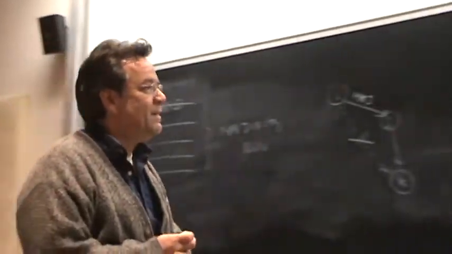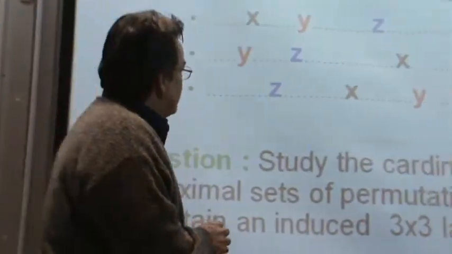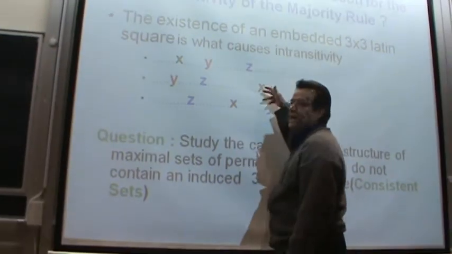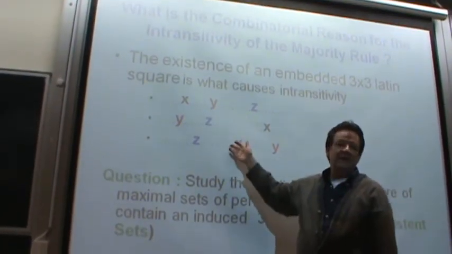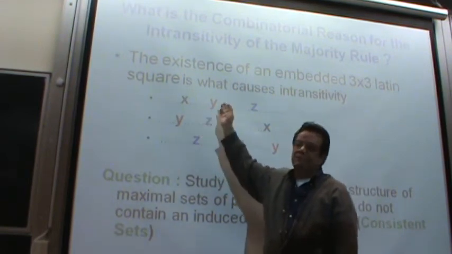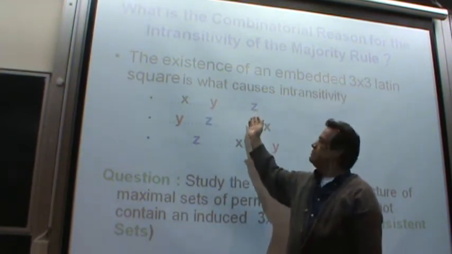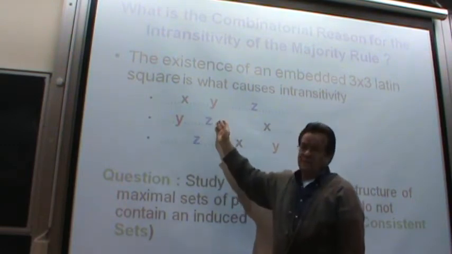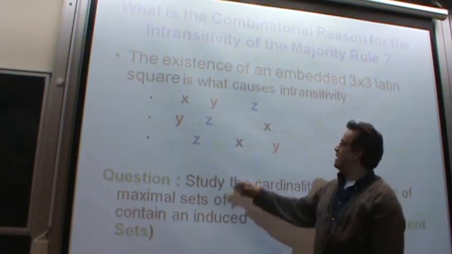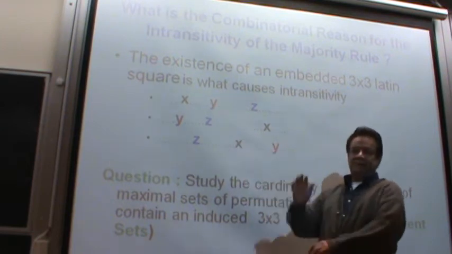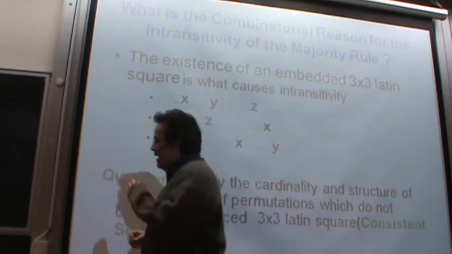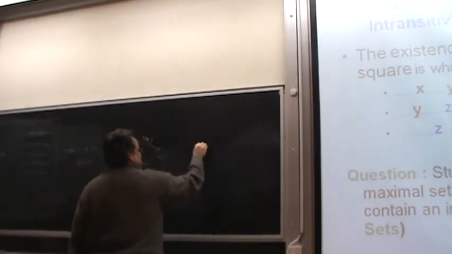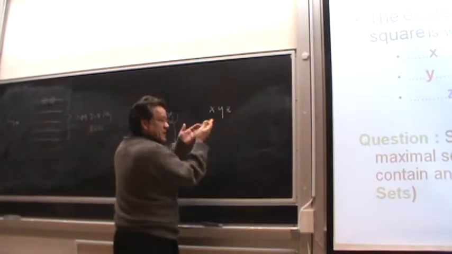So why does this happen? Combinatorially, it happens because of this. Suppose that you find three permutations inside the set such that x is before y, before z, but y is before z, before x, and z is before x, before y. And what is this animal? Well, that animal is a 3 by 3 Latin square, if you put those 3 symbols together.